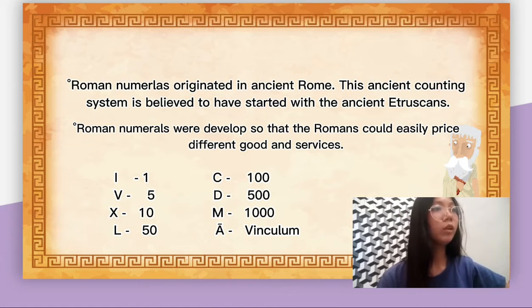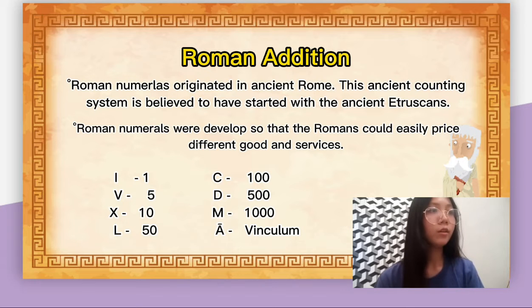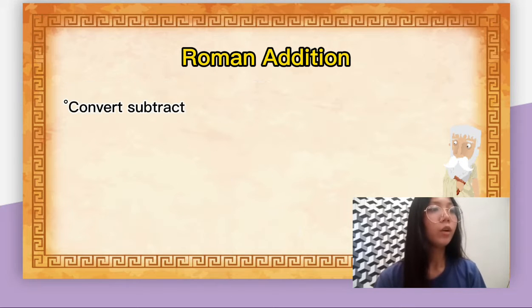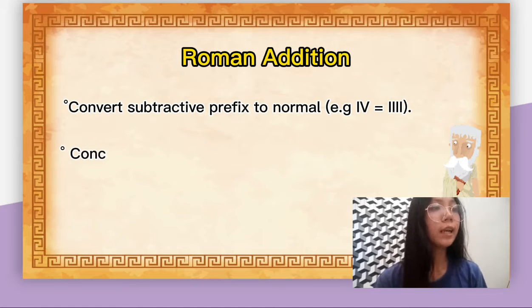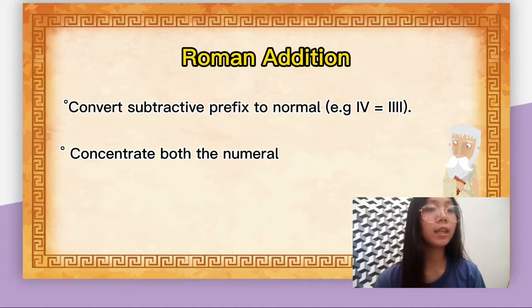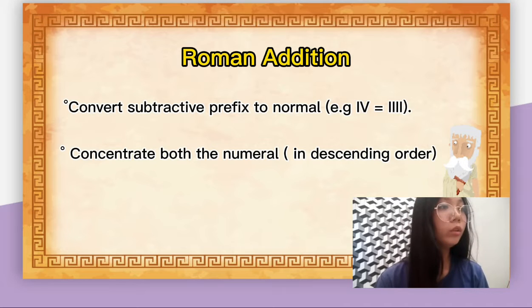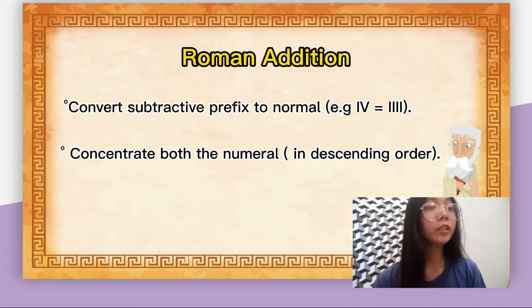So we have Roman addition, and the rule is to convert subtractive prefixes to normal and concatenate both numerals in descending order. So do the normal sums, like 5I is equal to V, but don't ever write 4I is equal to 4.